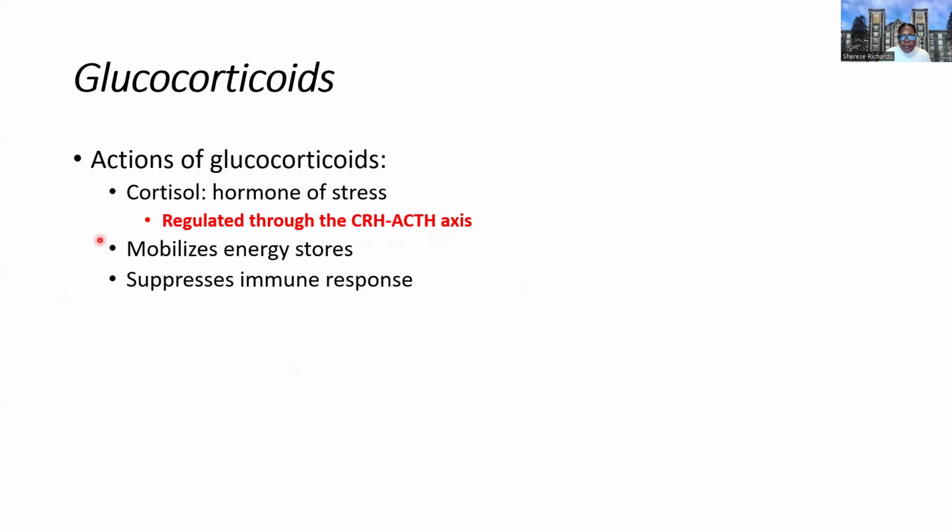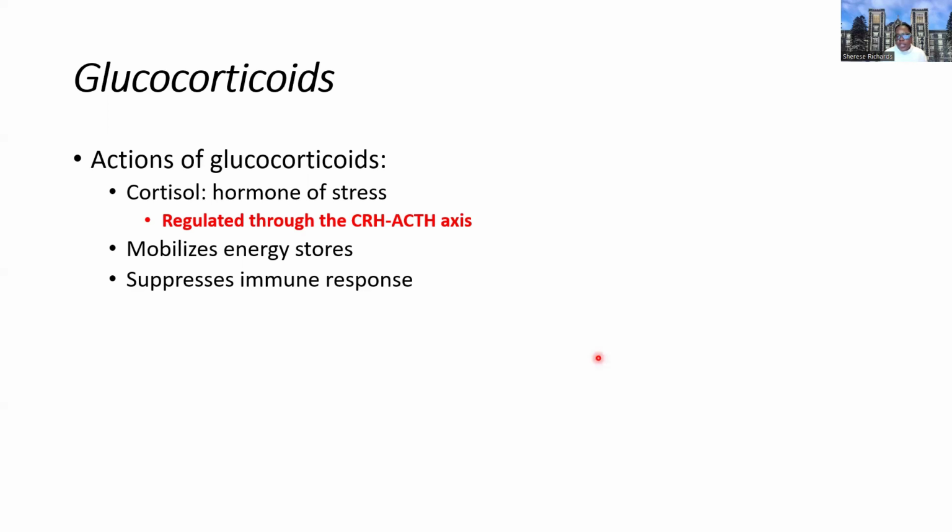Now, when cortisol hits the blood, it's going to help to mobilize energy stores. It's also going to suppress or dampen the immune response. And if you think about exogenous cortisol, when folks are given steroids, for example, steroids are the pharmacological way to mimic this cortisol response.